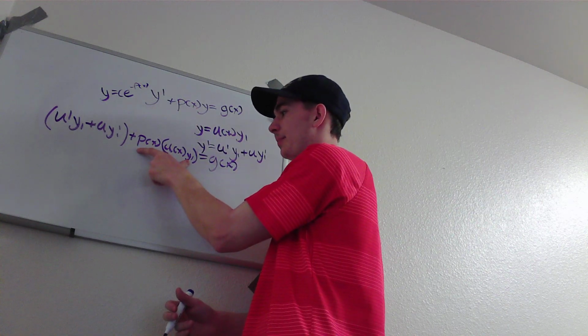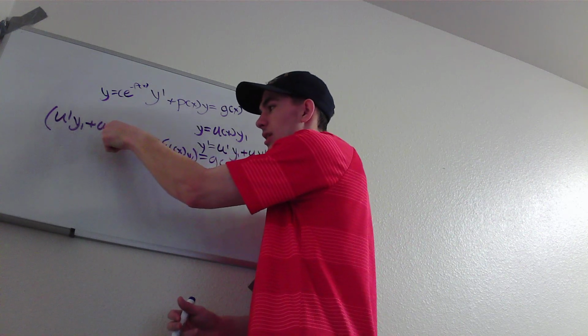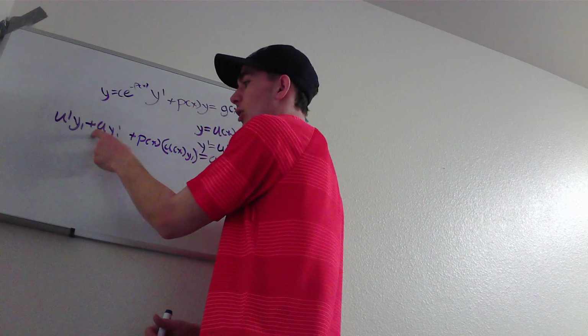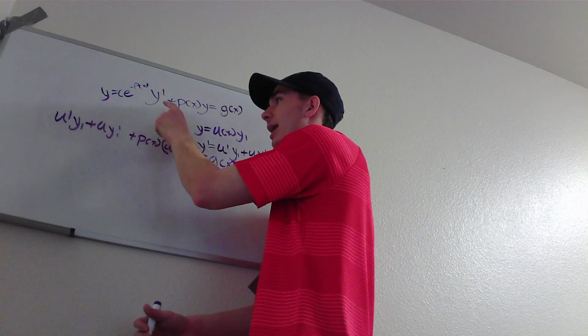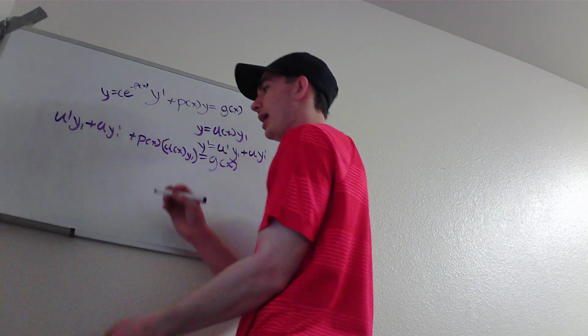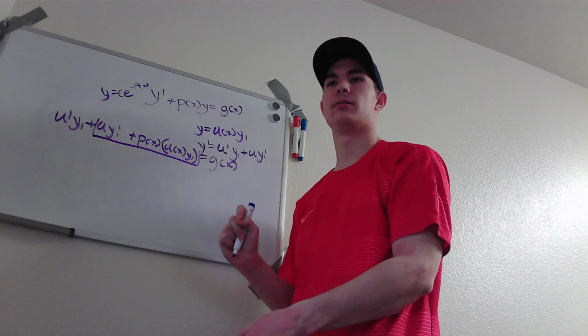So this plus, we're going to remove these brackets, plus u of y prime of 1 is this equation right here. This is your homogeneous equation.